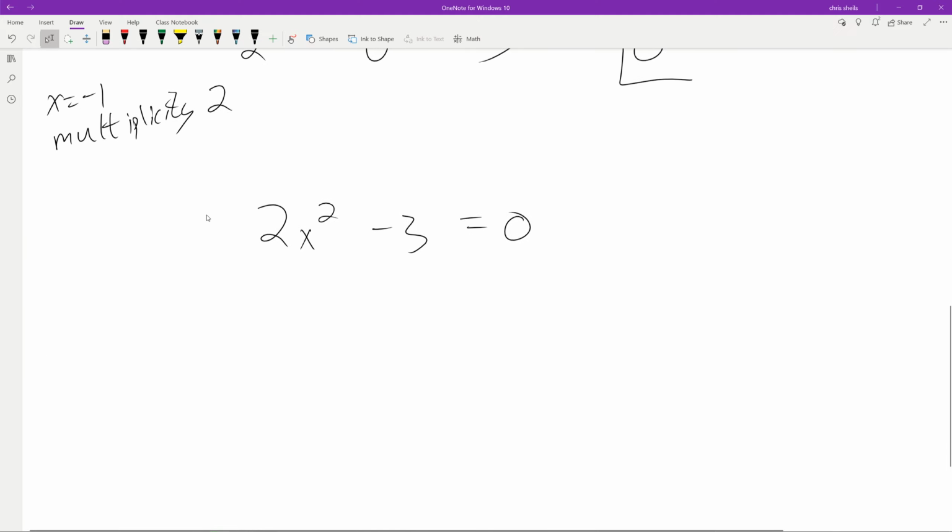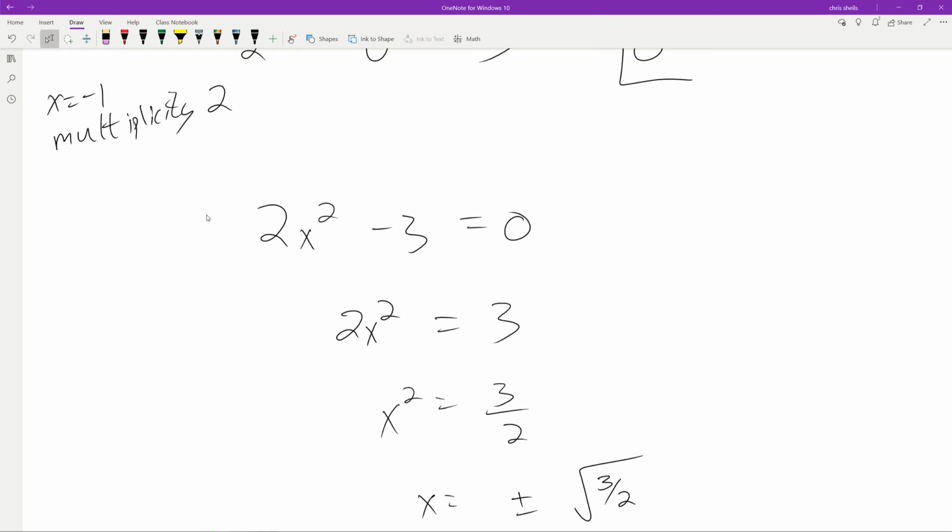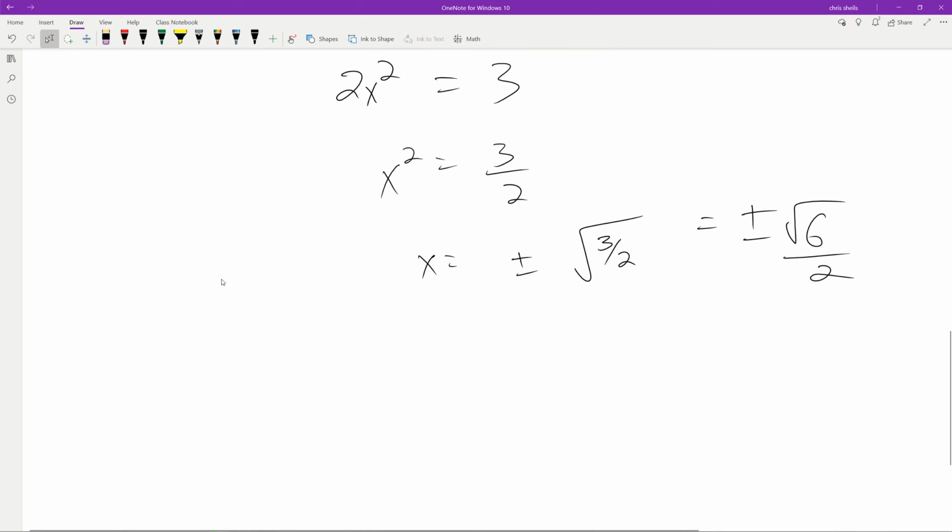If I add 3 to both sides, I get 2x squared equals 3. I divide both sides by 2, I get x squared equals 3 halves. And I take the square root of both sides, and I get x equals plus or minus the square root of 3 halves, which can also be rewritten as plus or minus the square root of 6 over 2. So these are my other two roots.